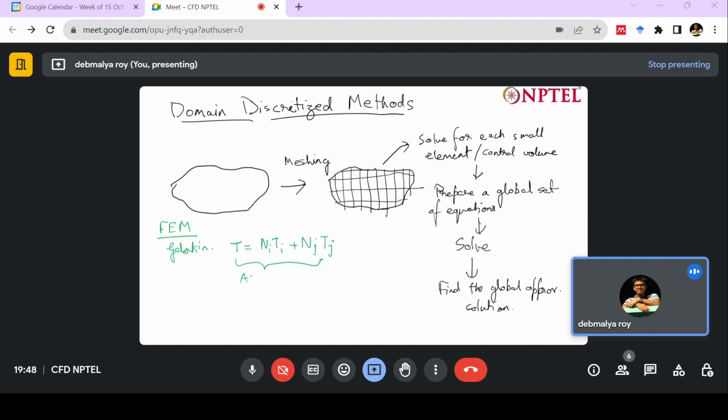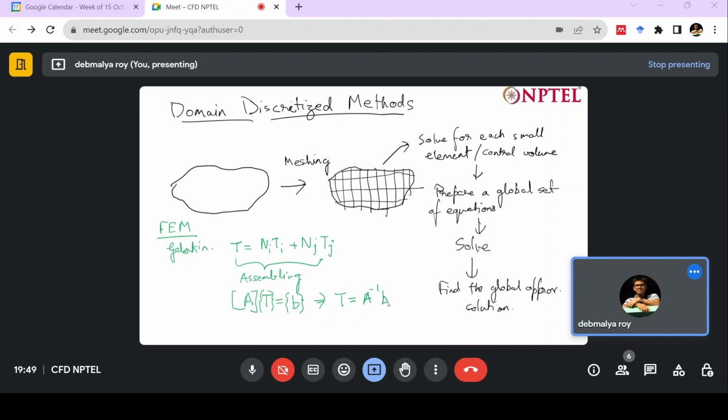After assembling all such equations, you get some AT equal to B, or KT equal to F, whatever you may write it as. So T and B are column vectors, and A is a matrix. And then we try to find out A inverse B.